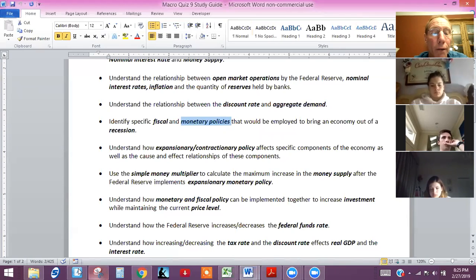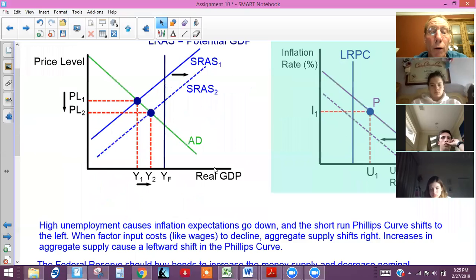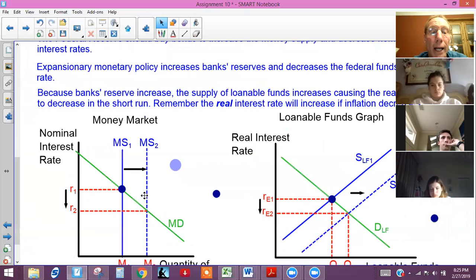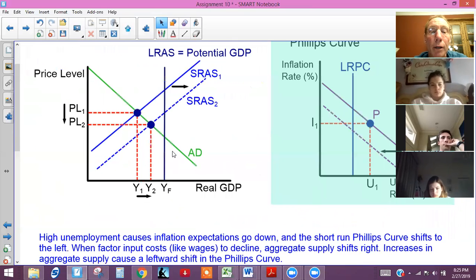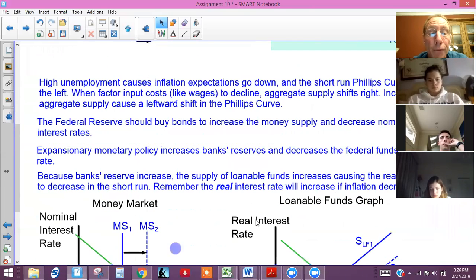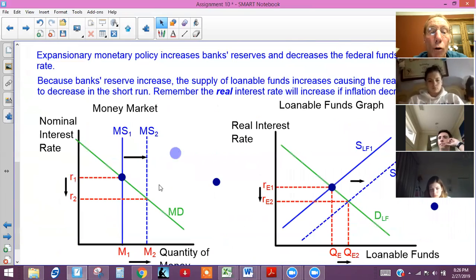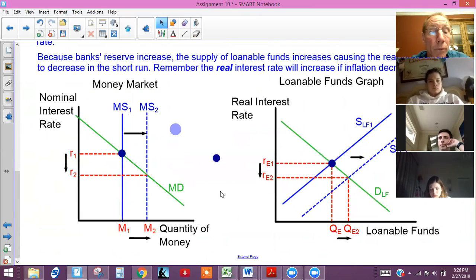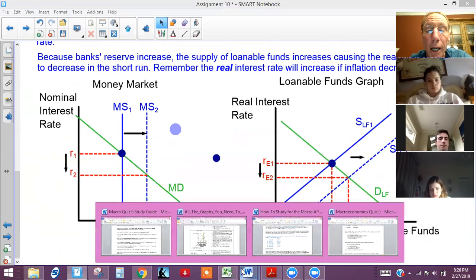So that would be shifting this curve to the right, which shifts the aggregate demand curve to the right, hopefully, if people actually spend or invest the money going into the money supply, which is why money velocity is also very important. And we'll get to that.